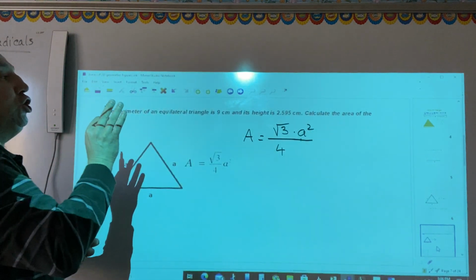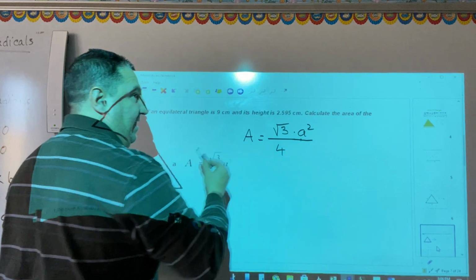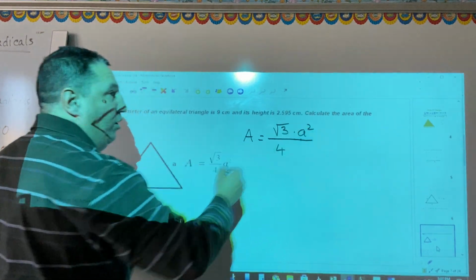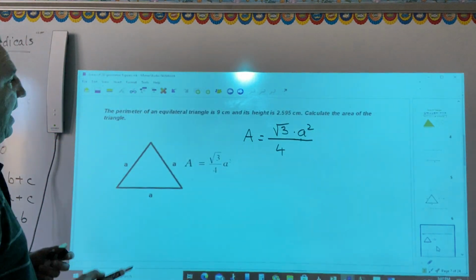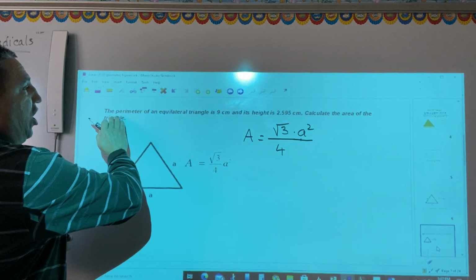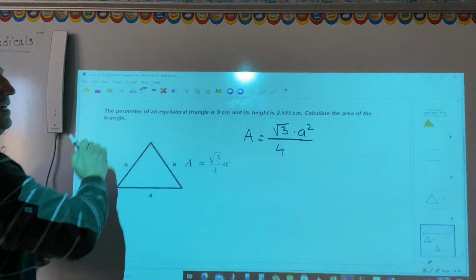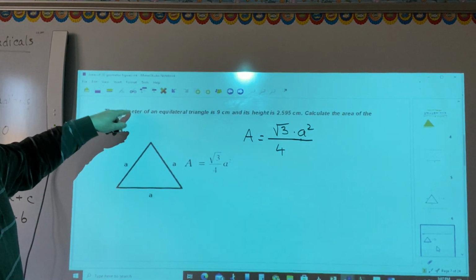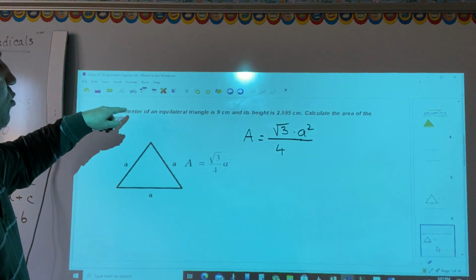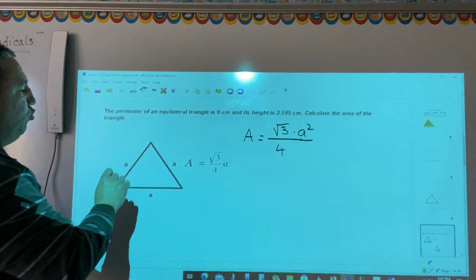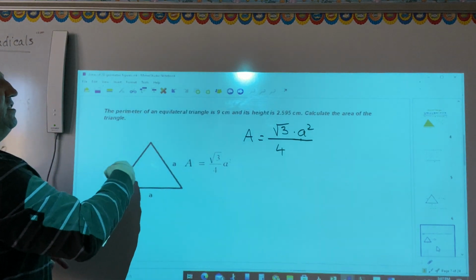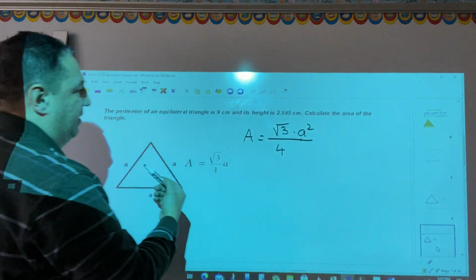Now, in order to be able to find the area, you need the value of a. To find the value of a, you have to use the perimeter of the triangle, which is given. As we know, the perimeter is the distance around it, right?